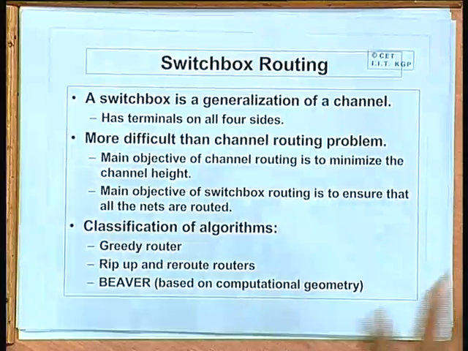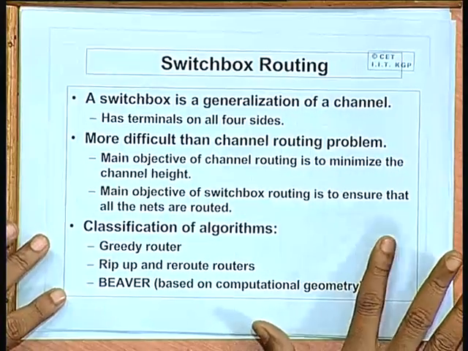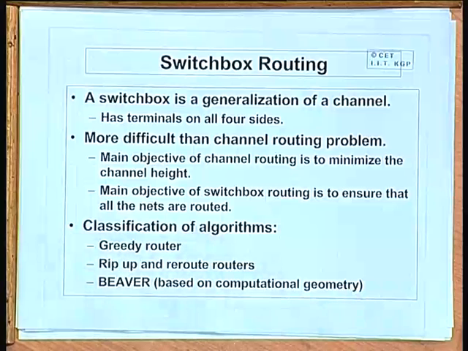So, we have looked at a number of channel routing problems. One thing I will not go into detail. I had mentioned that there is another kind of problem called switchbox routing, where there is a routing region with terminals on all 4 sides. I will not go into detail because there is no good and deterministic algorithm for switchbox routing.